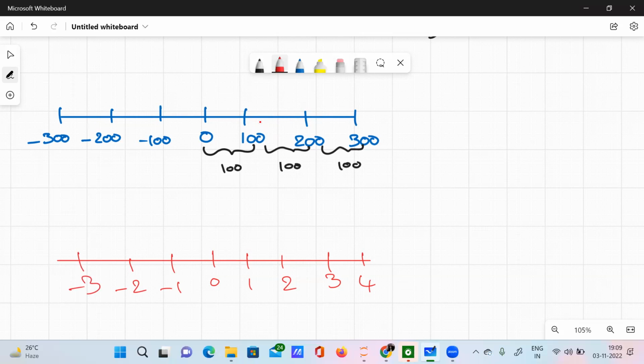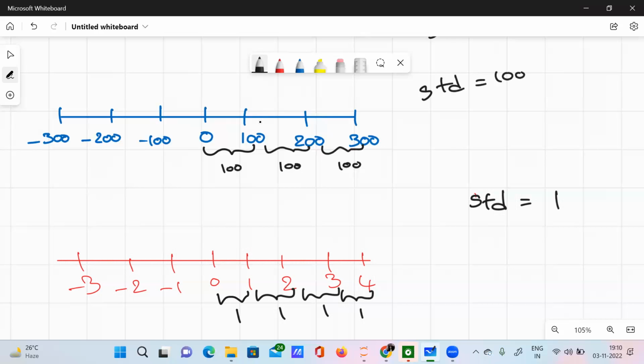If I ask you what is the standard deviation for this axis, you will say the standard deviation here is 1. Why? Because the difference between 0 and 1 is 1, and between 1 and 2 is 1. So here the standard deviation is 100, and here the standard deviation is 1. Which do you think is the stablest one?